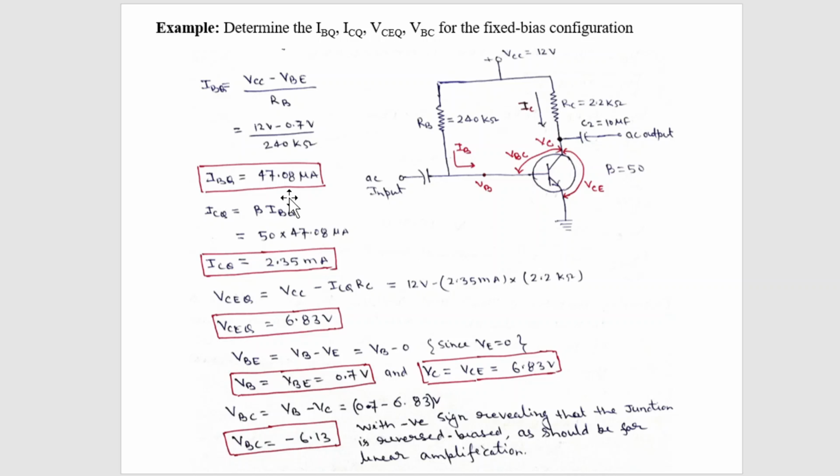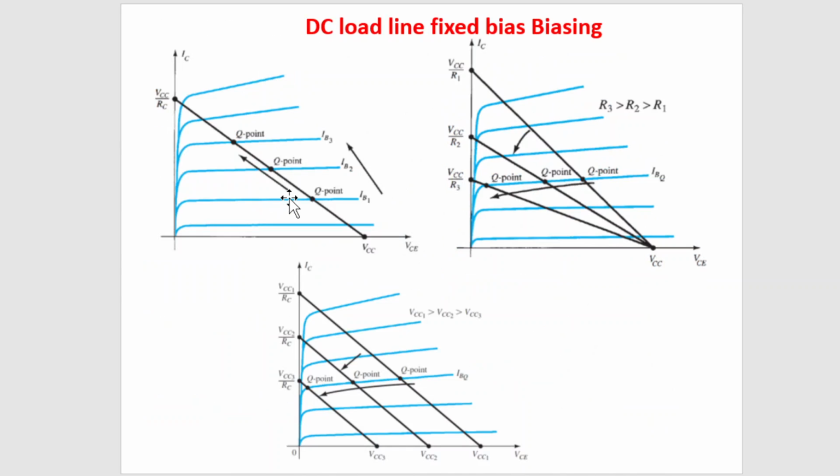That is why I have drawn the DC load line and Q point for different values of base current. If you change the base current IB1, IB2, IB3, IB4, IB5 by just changing the base resistance, see how your Q point changes from the cutoff point to the saturation point. This is the cutoff point and this is the saturation point.